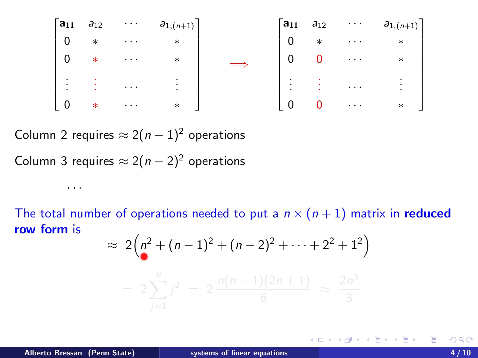And then what we have here will be n squared plus (n minus 1) squared from here, and then plus (n minus 2) squared from here, and so on and so forth, all the way to the very last column, which is 1 squared. So we'll be adding up these n numbers.